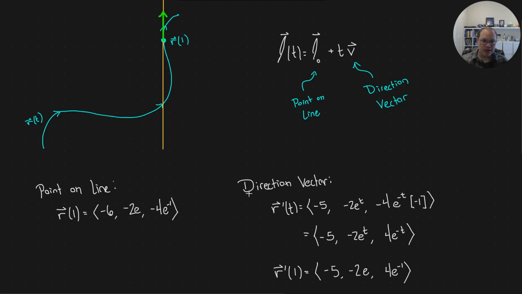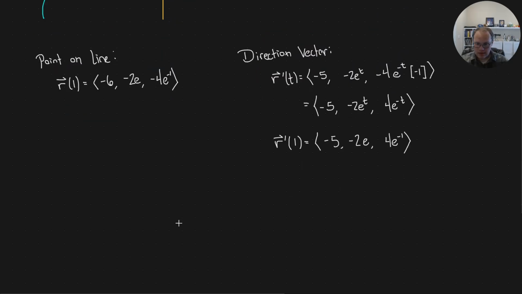Right? So put it together, I get my tangent line. My tangent line, L of t, is going to be a point on the line, -6, -2e, -4e to the -1, plus t times a vector parallel to the line, a direction vector.